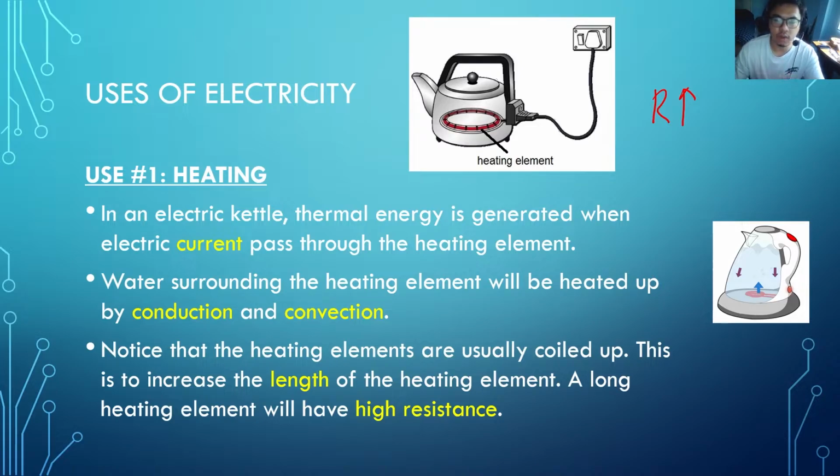Another way for us to increase the resistance of a component is by increasing the length. So if we make the length longer and then coil it up just to save space, that way we can have a high resistance. So whenever there is a current going through it, we can have high temperatures. The component will heat up and then produce a lot of heat.